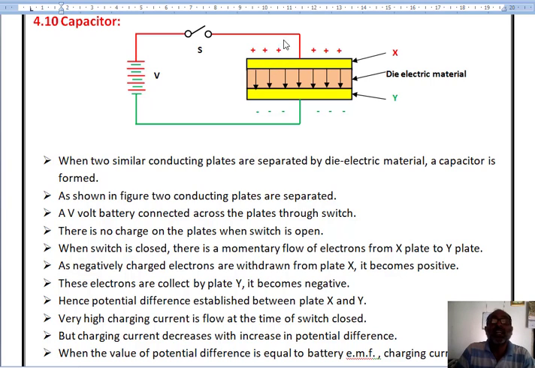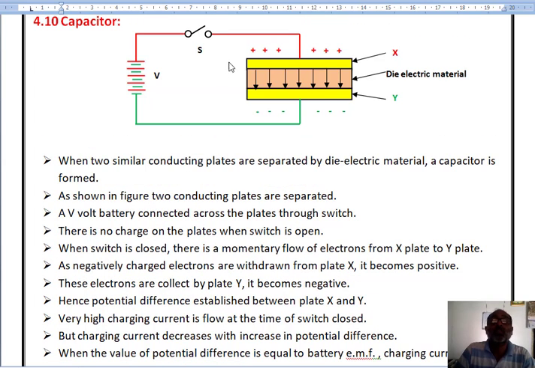Now as charge is stored on the capacitor, suppose 2 volts potential difference is established across the X and Y plates. So here 5, here 2. 5 minus 2, that means 3. And I already told you the value of the current depends on the value of the voltage. So that means a 3 volt potential difference reduces the current passing through this circuit.